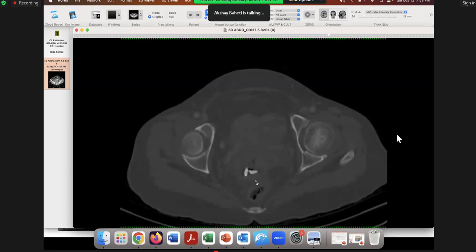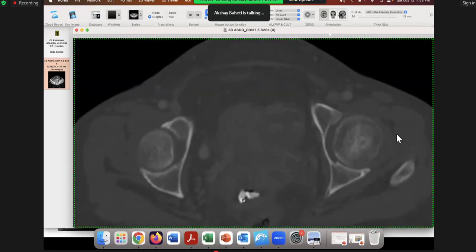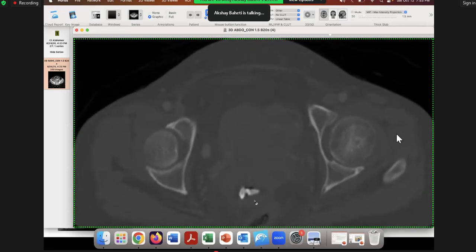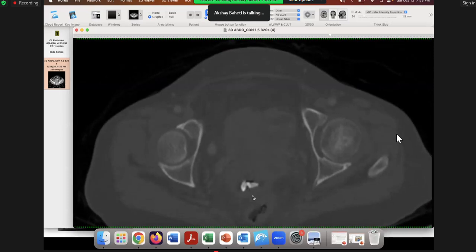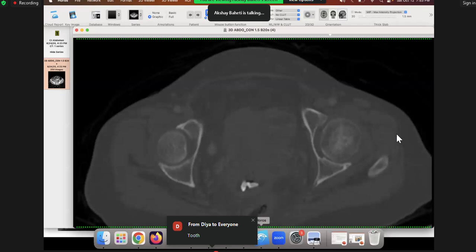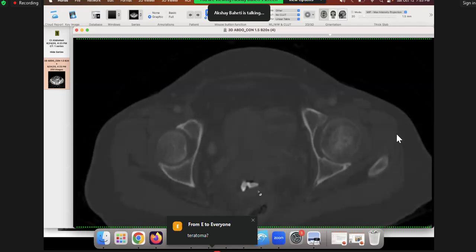Not that much. You look at this, there is something around which is more hyperdense, and something in the center which is less hyperdense. What does this remind you of? It reminds you of calcification, metal, ossification, lipoidal, all sorts of hyperdense things. Amongst all of them, what does this appearance remind you of?